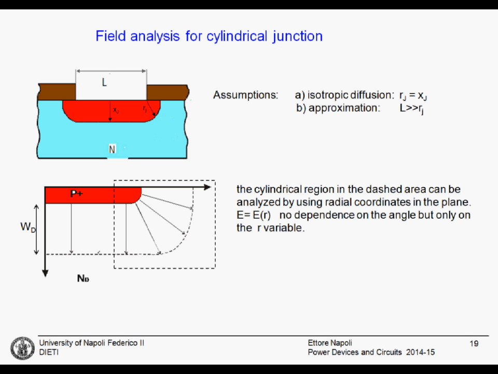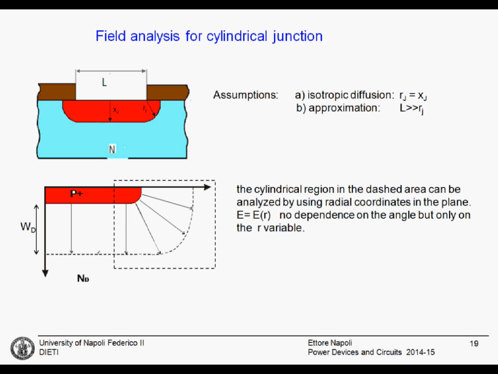There is a difference between the radius there and the thickness, but it is a reasonable assumption here. And we also assume that this width here is much larger than this diffusion, and this is always the case. We can then analyze just this cylindrical junction here.